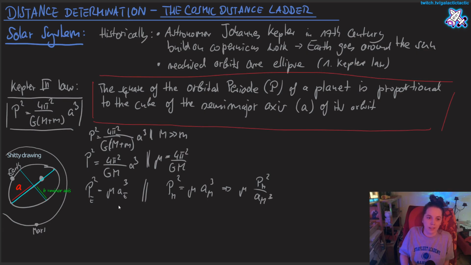We put that in the Earth formula, and what we end up with is something we can compare. We have the period of Earth squared over the period of Mars squared equals the semi-major axis of Earth cubed over the semi-major axis of Mars cubed.